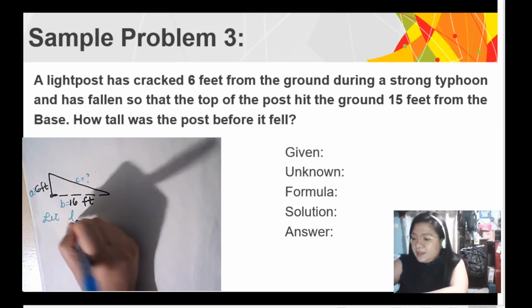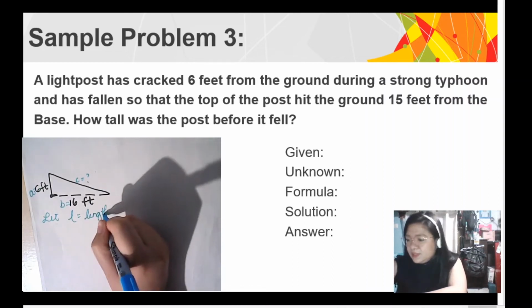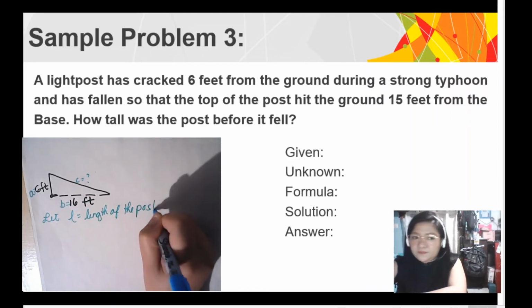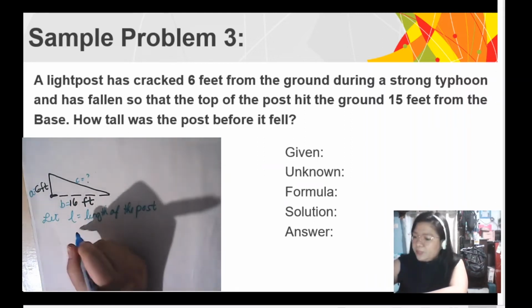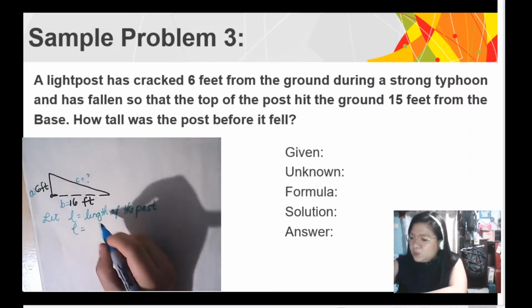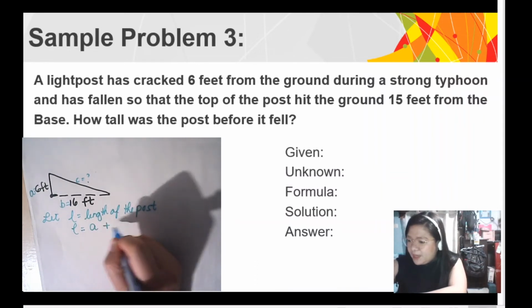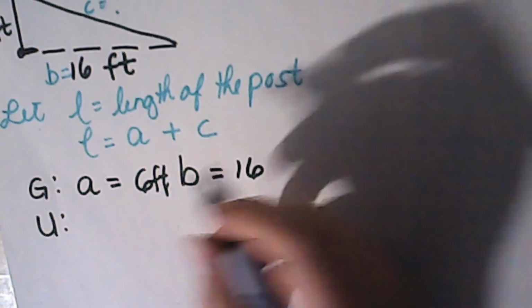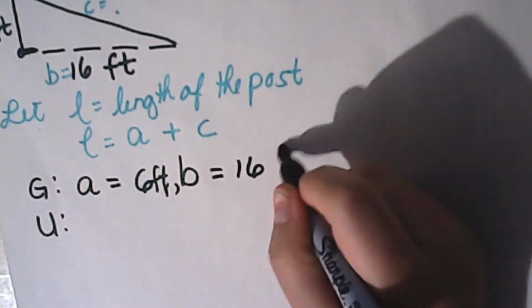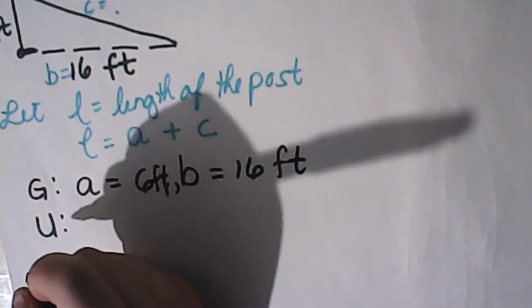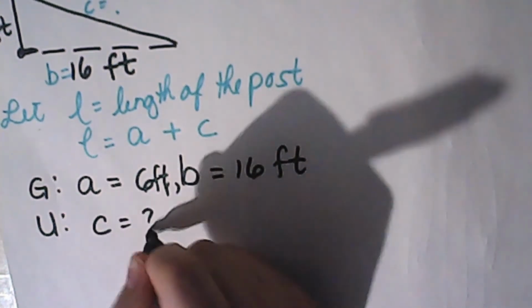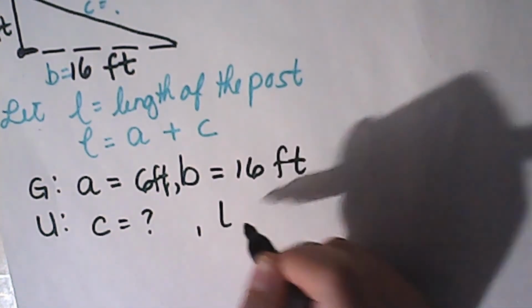Let L be the length of the post, where L is equal to A plus C. Our given are A equals 6 feet, B is equal to 16 feet. Our unknown is C and L.